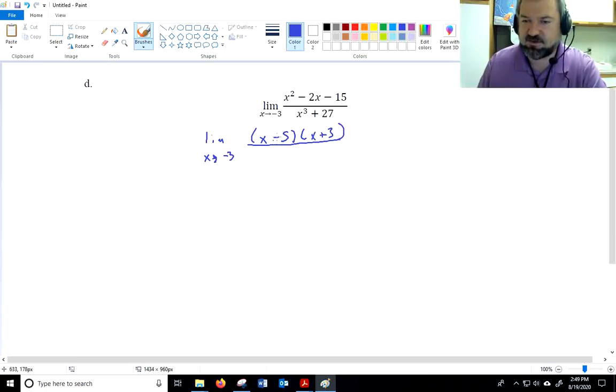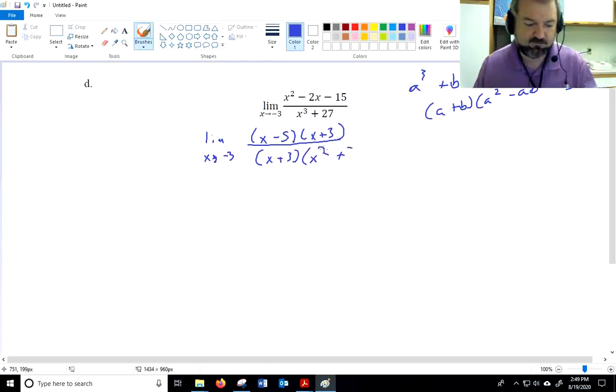This is a sum of two cubes pattern. The sum of two cubes pattern, a cubed plus b cubed, factors as a plus b times a squared minus ab plus b squared. So this will be x plus 3 times the square of the x, multiply these two together, but change the sign.